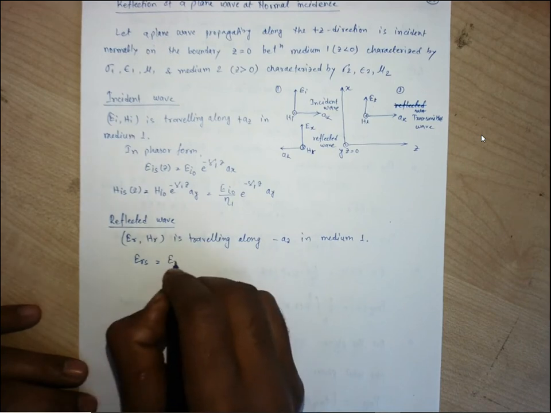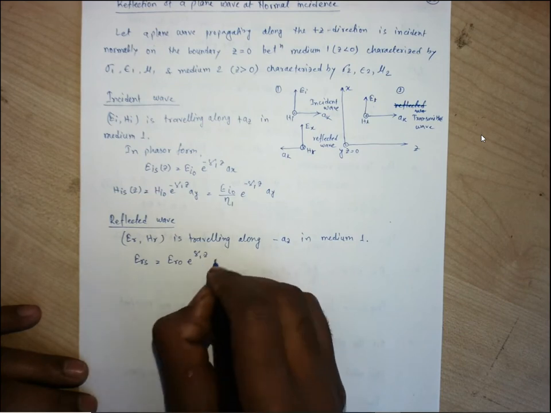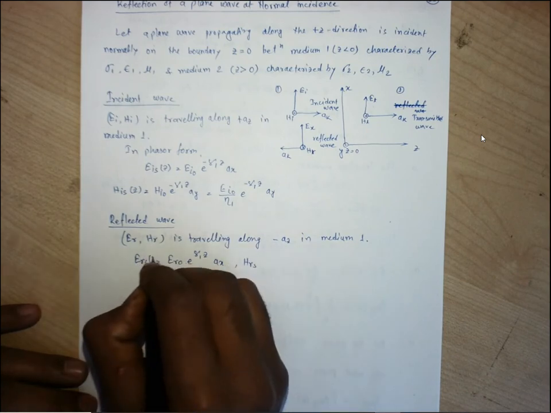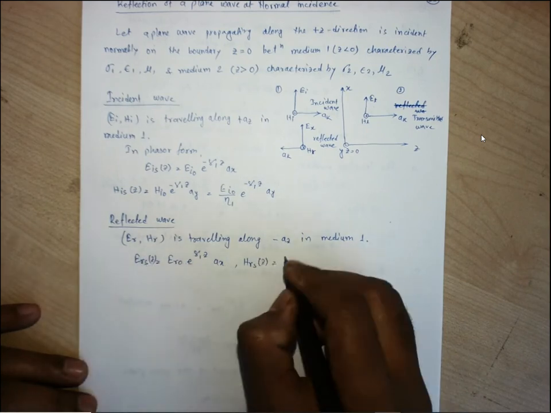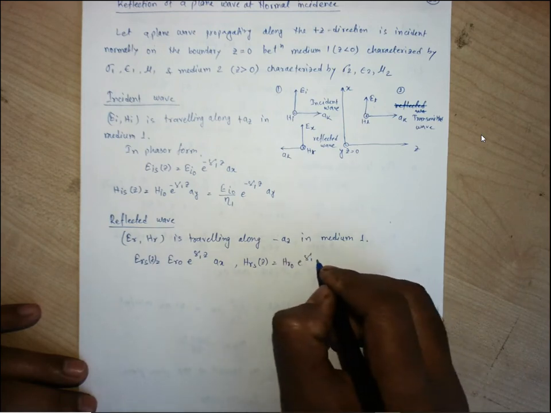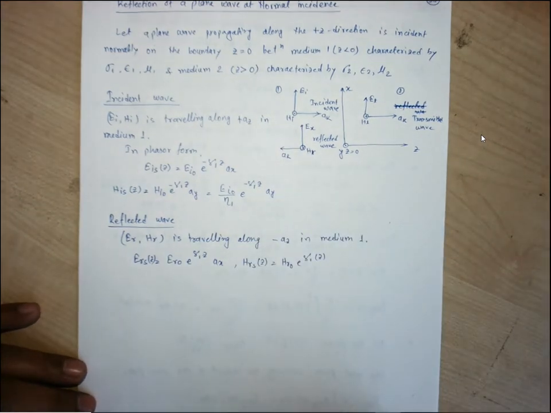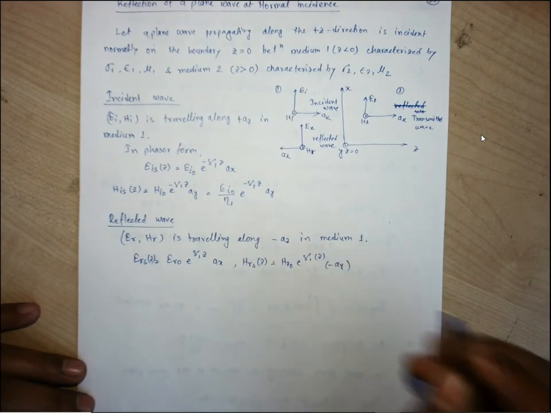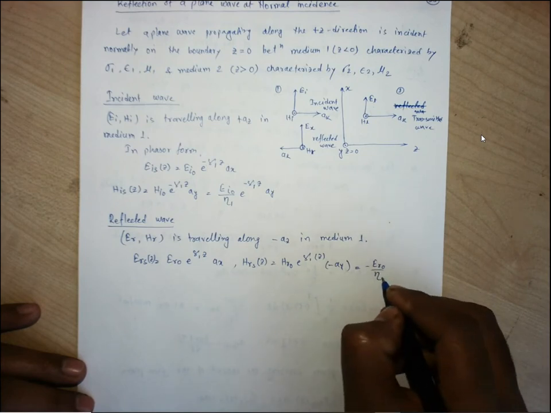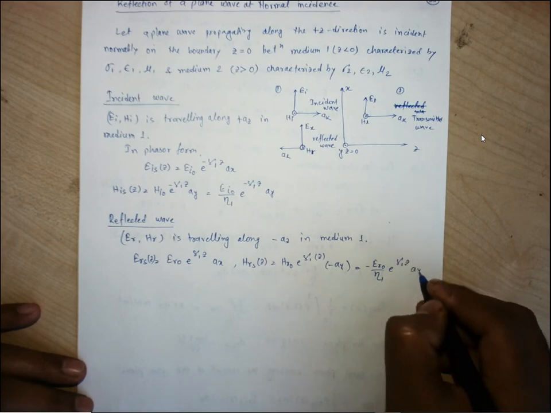That is ER0 e to the power gamma 1 z in medium 1 along ax, and the magnetic field, the direction will be opposite, minus ay. It is minus ER0 over eta 1, e to the power gamma 1 z, ay.